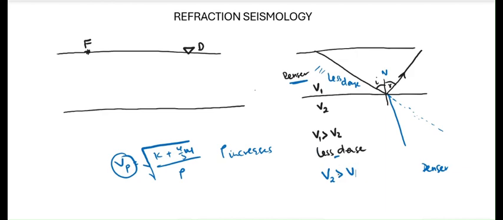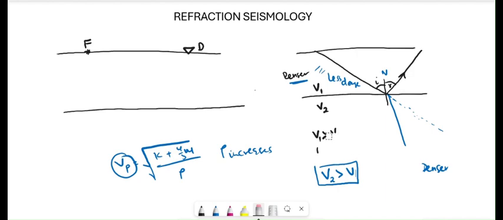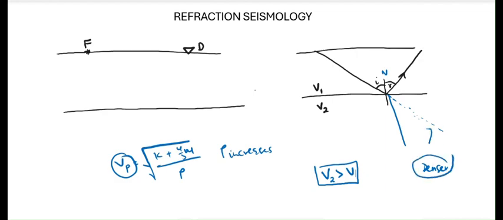But in a situation where V2 is greater than V1, let me erase this. When we have V2 being greater than V1, it means that the layer that V2 is in is denser. So this layer is denser than this layer, so this layer is less dense.